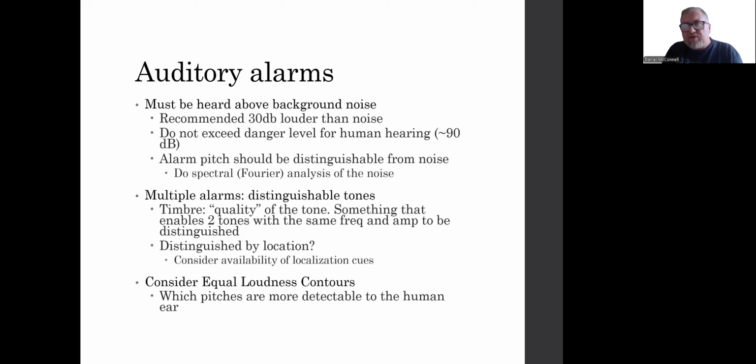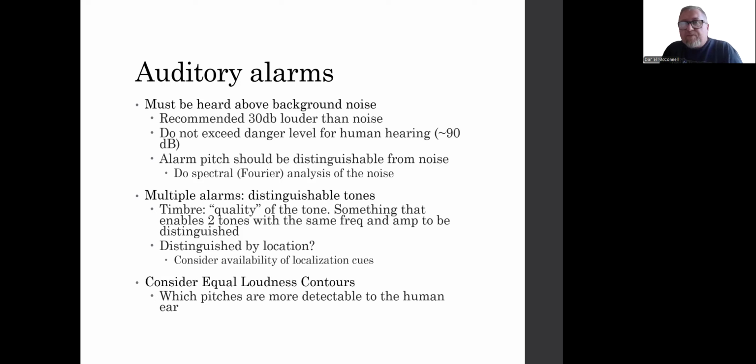So nurses, for example, might have to deal with all kinds of different alarms that are going off all the time. And in those situations, we need to make sure that we can sufficiently distinguish the different alarms from each other. And that means maybe using different pitches, but we also have to be concerned about the fact that a human's ability to distinguish different pitches is not necessarily very good.